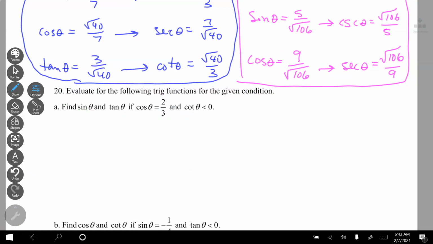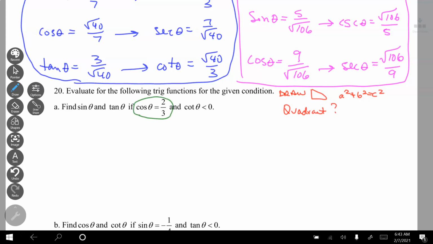So for these next 2 problems, well, again, I think I'm going to have to draw a triangle. I'm going to use Pythagorean theorem, probably. But the other thing I have to do is figure out what quadrant I'm in. The other problems, I didn't really care about the quadrant because everything was quadrant 1. But I had to play the quadrant game. How do I play the quadrant game? Let's see.